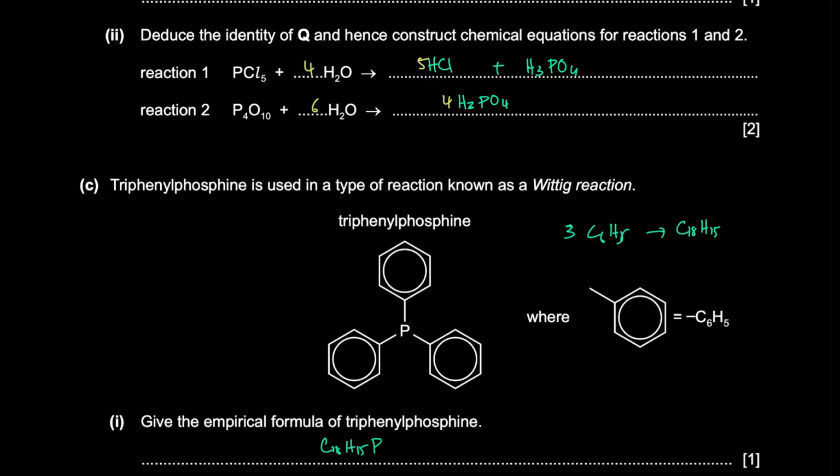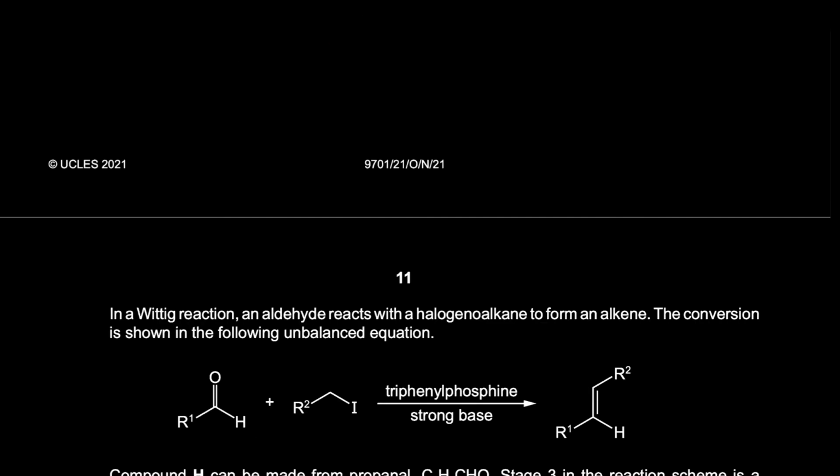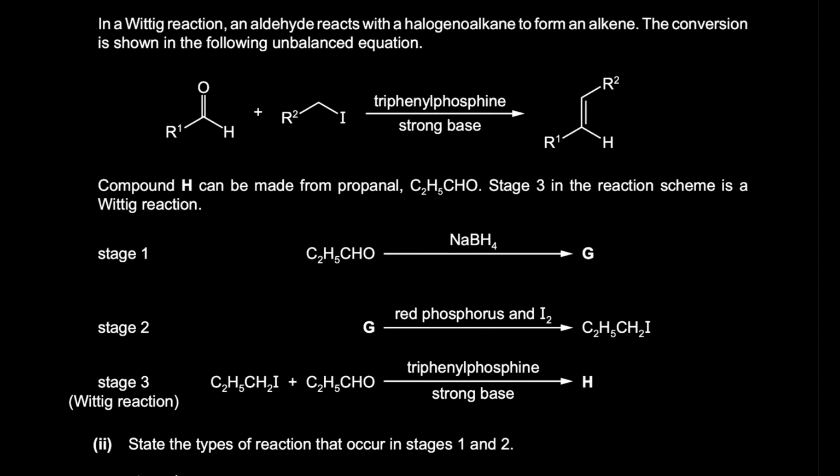Now, in a Wittig reaction, an aldehyde reacts with a halogenoalkane to form an alkene. This conversion is shown in the following unbalanced equation. Okay, so here you have an aldehyde reacting with this halogenoalkane. In this case, you have an iodoalkane, right?